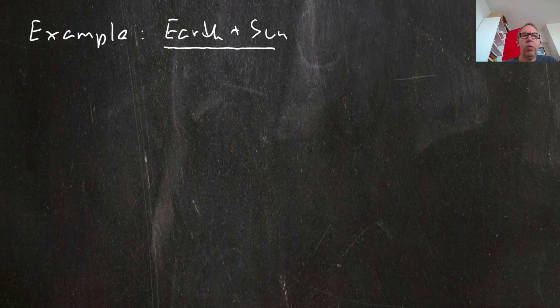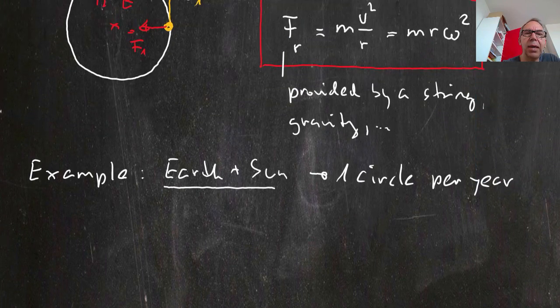So we know that it is one circle per year. So 1 year is then the period of it, and we can just now use this law.